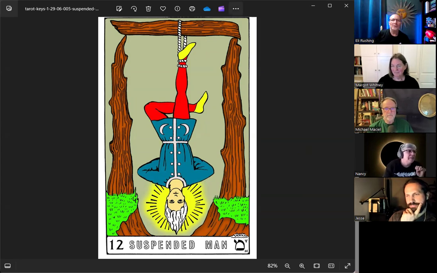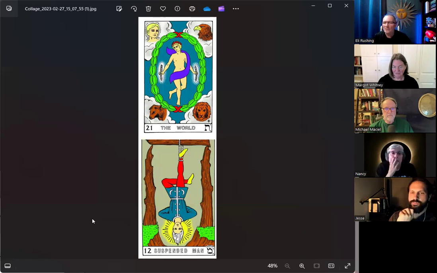And that goes back to this imagery here, which is a beautiful set of images to contemplate in combination, one with the other.